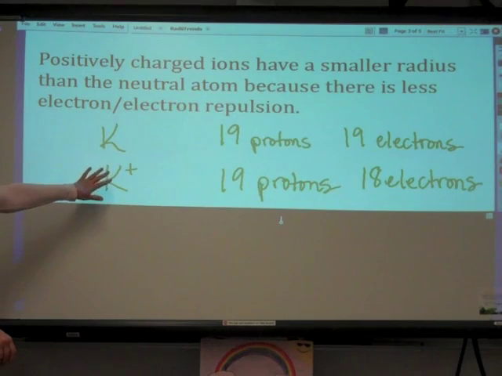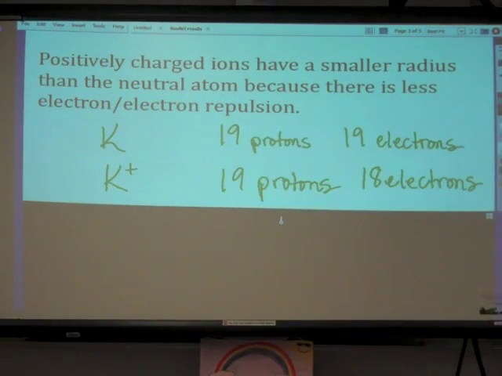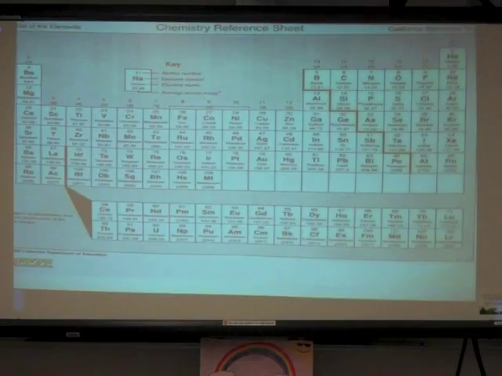Let's think about this potassium atom. This isn't always the case, but the majority of the time, when you form a cation, we've got a potassium atom with 19 electrons and a potassium ion with 18 electrons. Where is that one valence electron for the potassium atom?